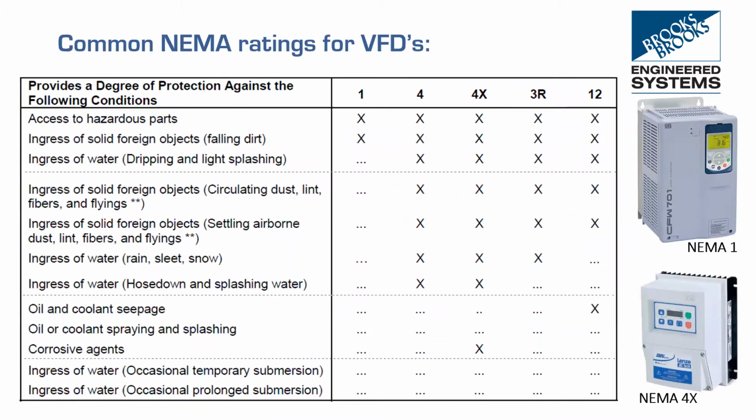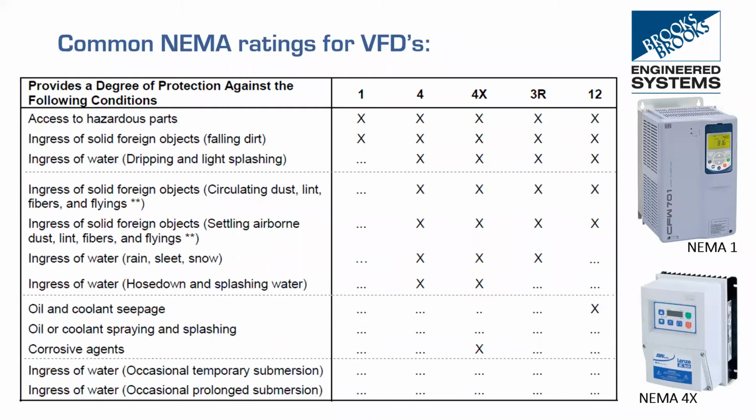Yeah. So the NEMA rating is a standard way to rate what electric enclosures will protect against. As Stefan said, the NEMA rating of 1 is the lowest rating, and it basically protects you from sticking your fingers on the drive. And 12 gives you a little bit more protection. 3R is what is often used for outside applications, where we're just protecting against rain and ice and sleet.